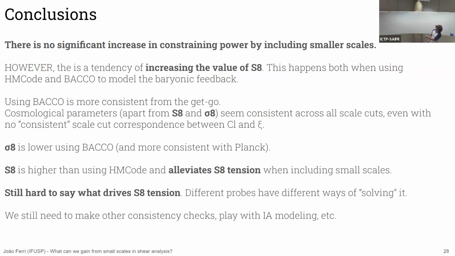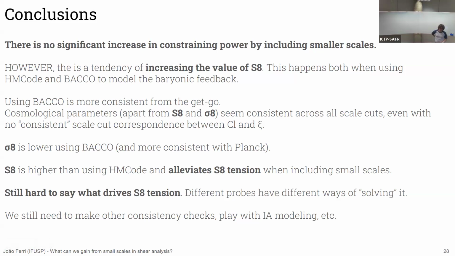And not only for the parameters, but if you include all the scales, sigma 8 seems lower and in better consistency with Planck, and also S8 is higher than using the HM code and alleviates the S8 tension in both spaces.